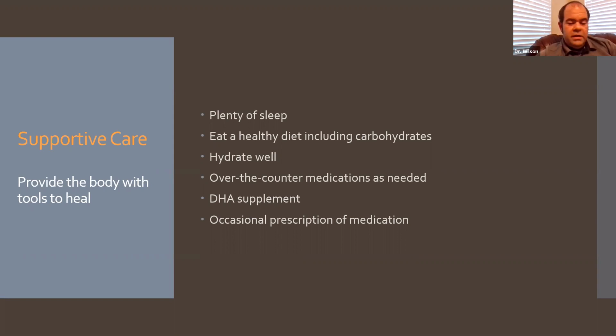I typically recommend a DHA supplement. DHA is a fatty acid that is in fish oil. Any brand of fish oil is okay, but then I recommend a specific dose to the athlete to take for about a month. And then occasionally we will prescribe medication for treatment of concussion.